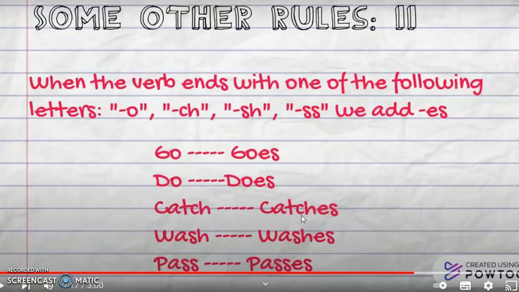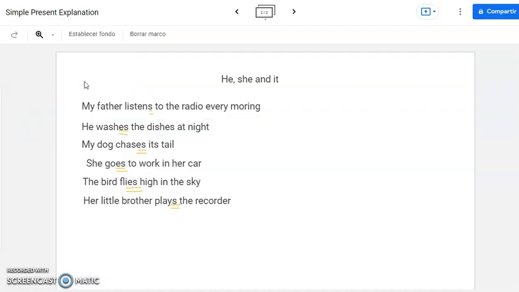Let's see some examples on the whiteboard so that you can make sure that you understand everything. So here we have he, she, and it, and how to conjugate verbs using these personal pronouns. First, we have this sentence.